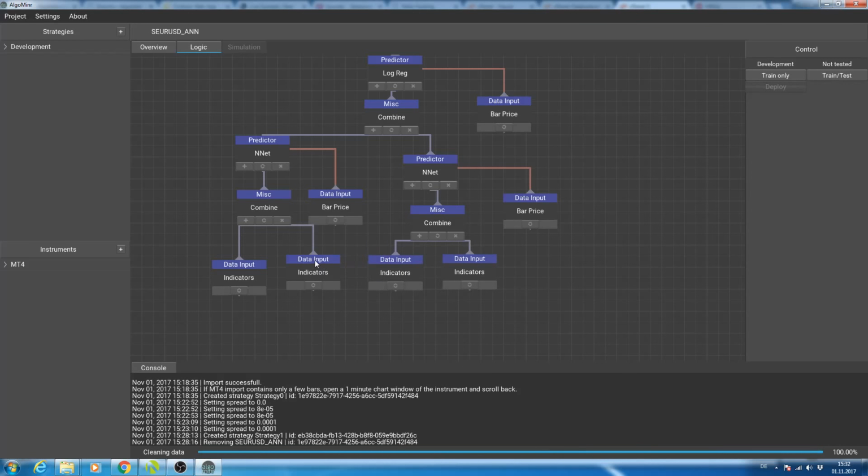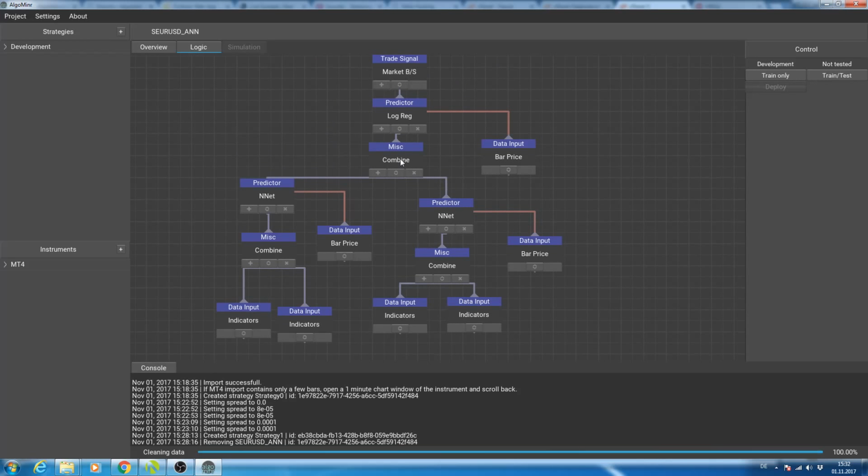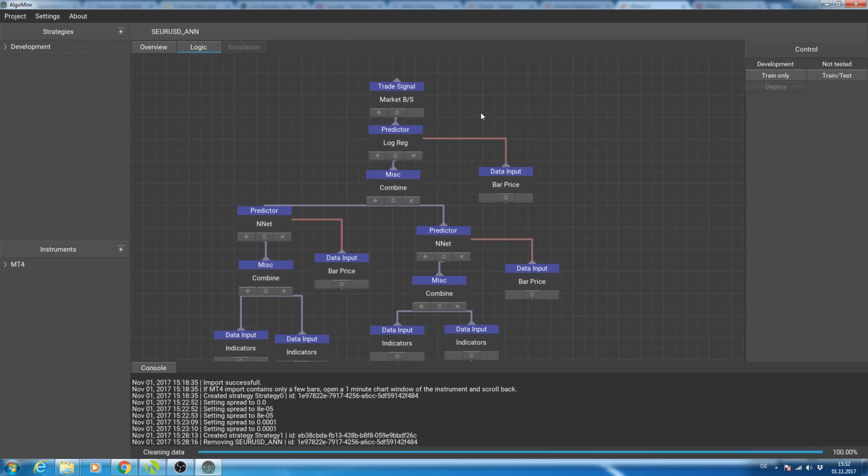Alright, so this is already set up now. We have two artificial neural networks here and here. These predictions are combined. Basically, the logistic regression decides how important both of these signals are, and then the whole thing is related to this trade signal node that will actually change the signal information into a buy or sell signal.